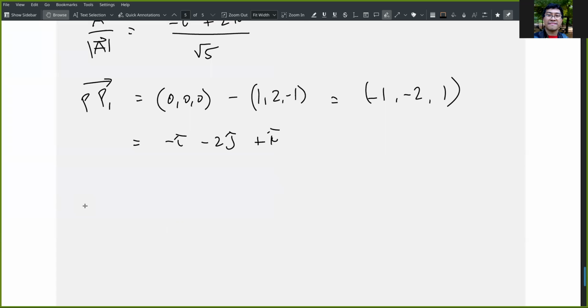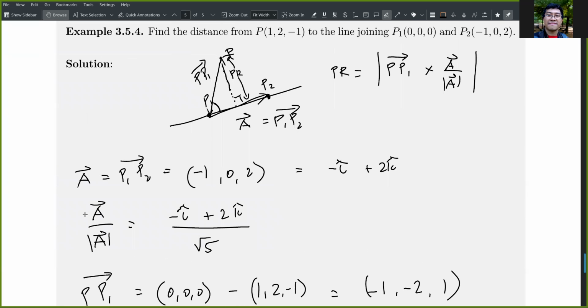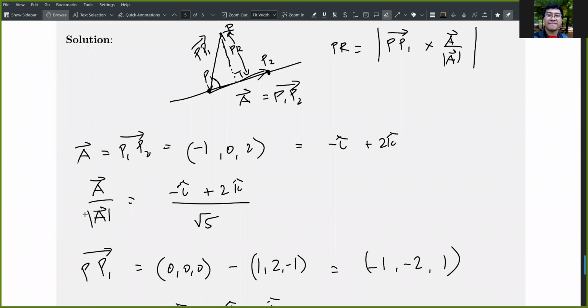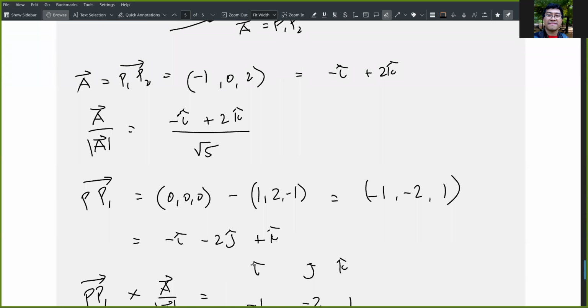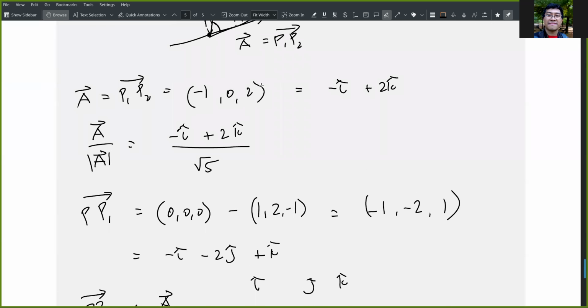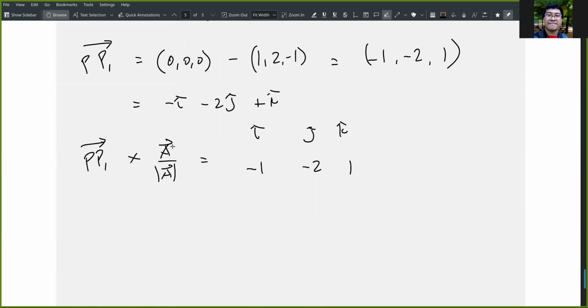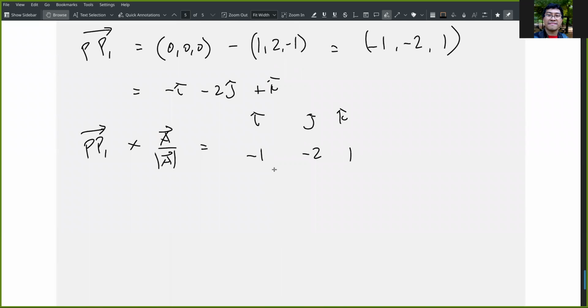Okay, so taking the cross product PP1 cross the unit vector, that would be i j k, negative 1, negative 2, 1, and negative 1, 0, 2 with the 1 over square root of 5. So let's factor out 1 over square root of 5.